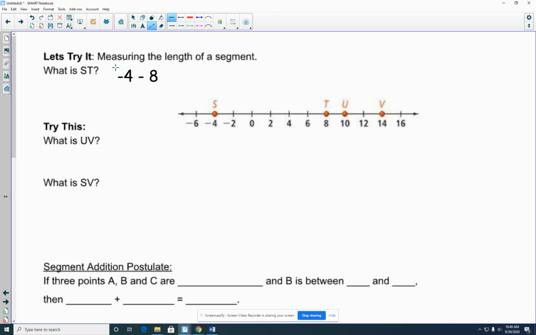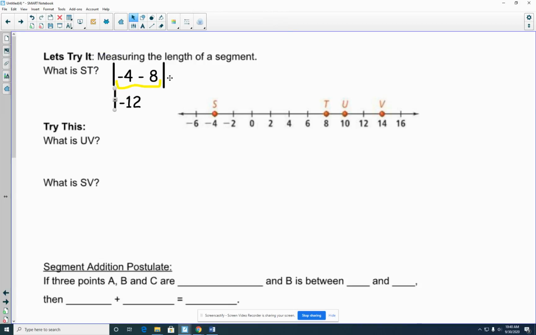So just a little bar here and a little bar here. Okay, so the first thing that we're going to do is put this into our calculator exactly how we see it. So -4 minus 8. Well, if I'm doing -4 minus 8, that's a -12, right? And now I need to take the absolute value of -12.